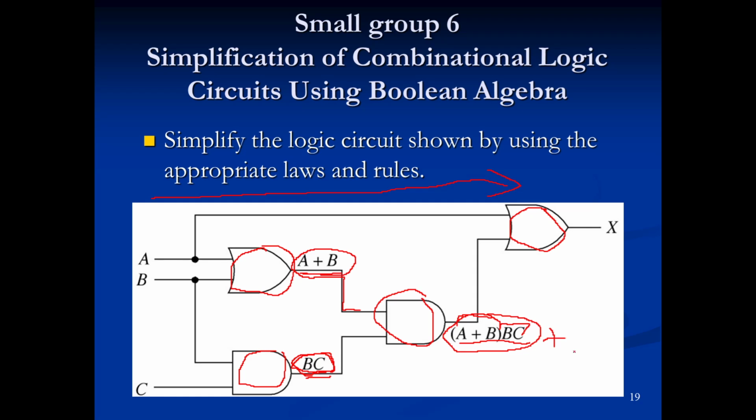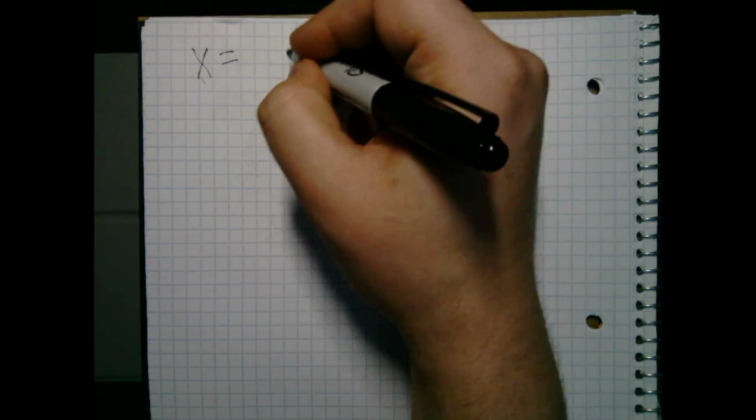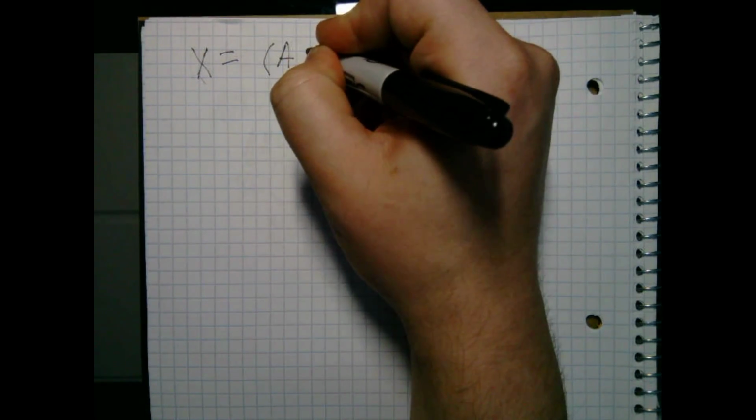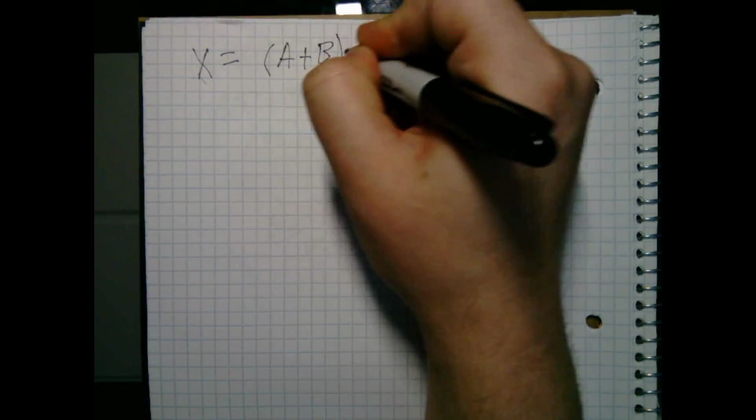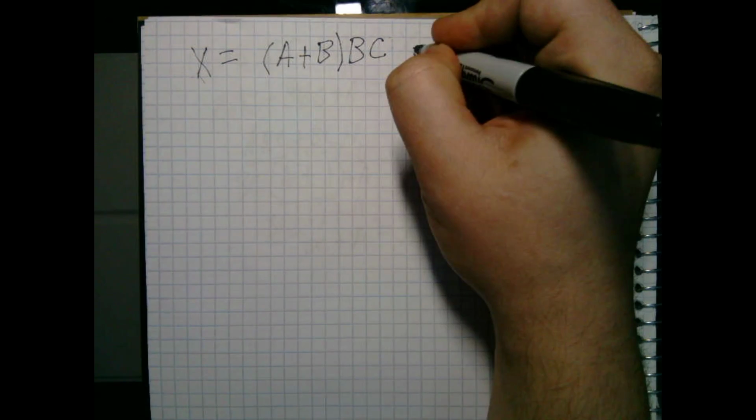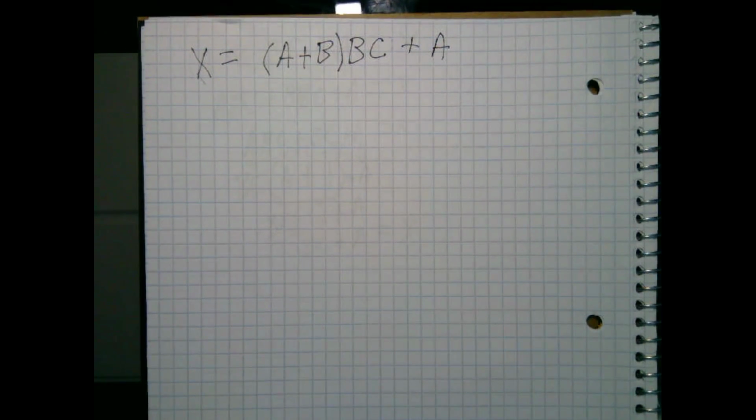So we'll just OR that whole thing with an A. So now, I'm going to write out the equation real quick here. So now we have that equation. X is equal to A ORed with B, which is ORed with B and C, which is then ORed with A. So that's our equation.